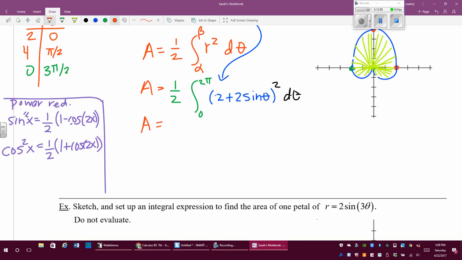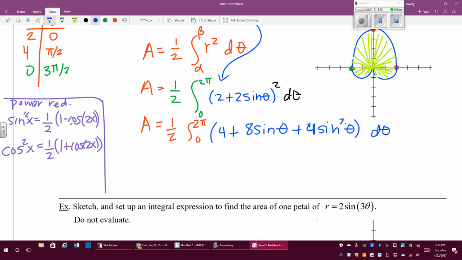Okay, so I'm going to actually multiply this thing out. I'm going to get area equals 1/2 integral from 0 to 2 pi. Let's expand this thing out and we get 4 plus 8 sine theta plus 4 sine squared theta d theta.